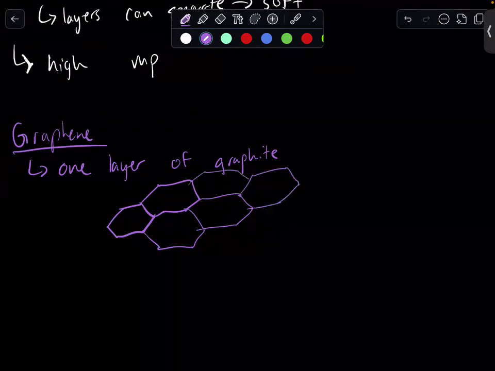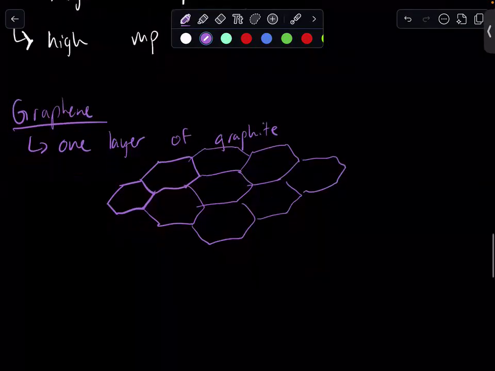And therefore, we're going to have a lot of the same properties as graphite. But because we only have one layer, it acts a little differently. First off, to get this one layer, this is synthetic. We have to physically separate the layers or grow them ourselves. So we have to either find a way to separate them or you can just make it.